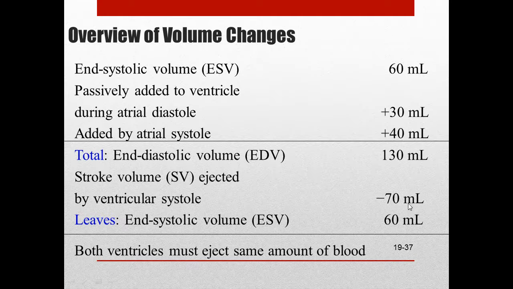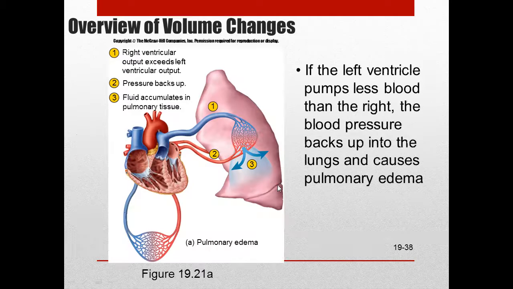Then when it's ready to eject blood again, it is 70 milliliters that is ejected, called our stroke volume, and that will leave back our 60 milliliters of blood. Now both ventricles must eject at the same time.